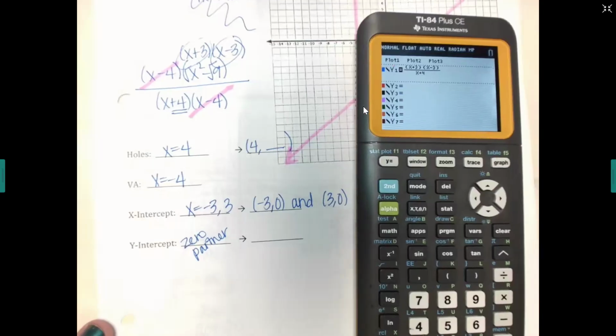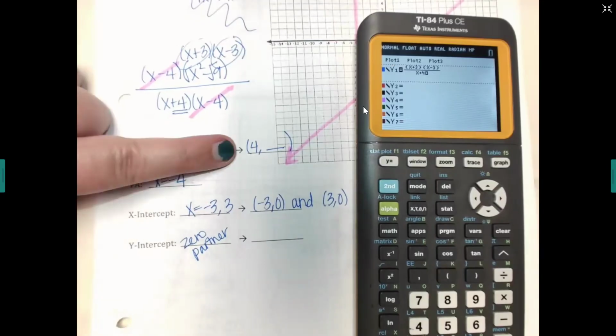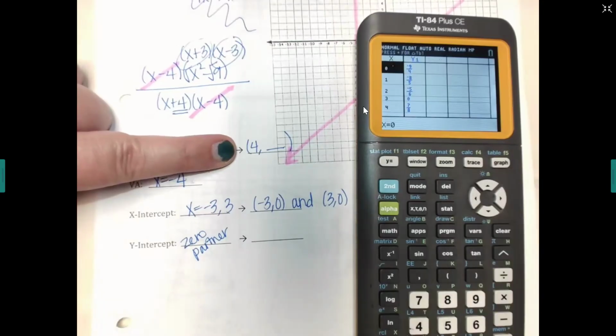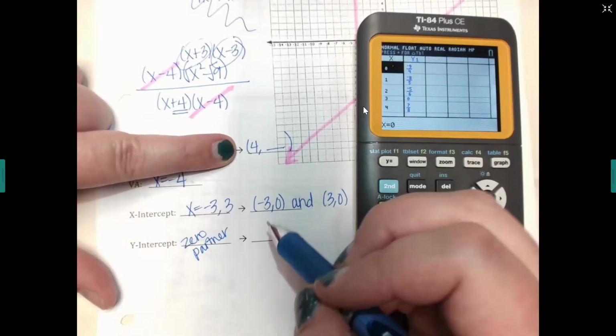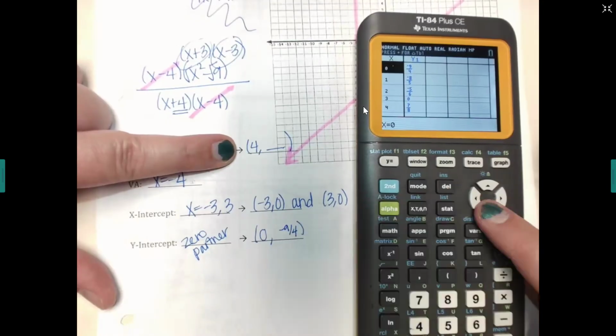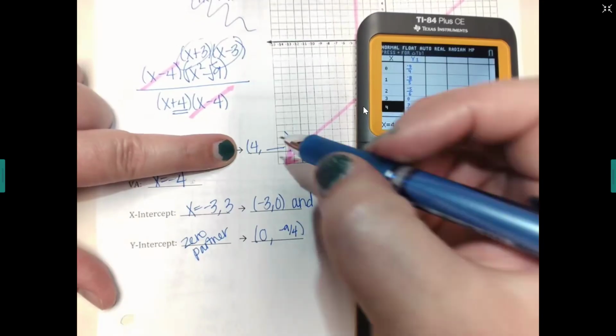Then remember, we're actually looking for 2 things. We need the 0 partner, and what other partner do we need? We need the partner for the hole. So 0 goes with -9/4. And then 4 goes with 7/8.